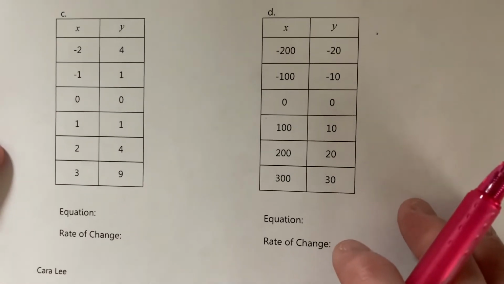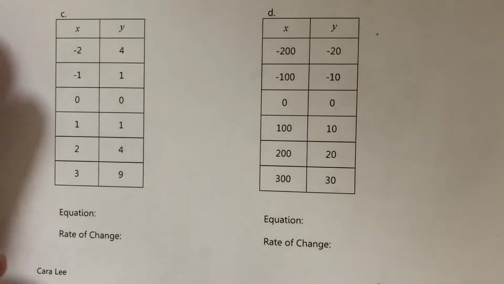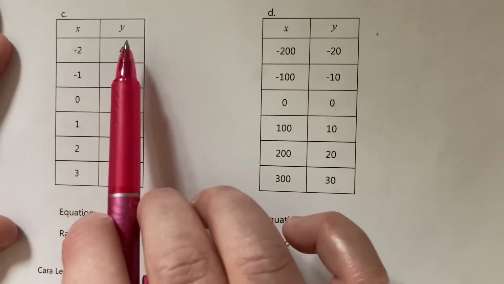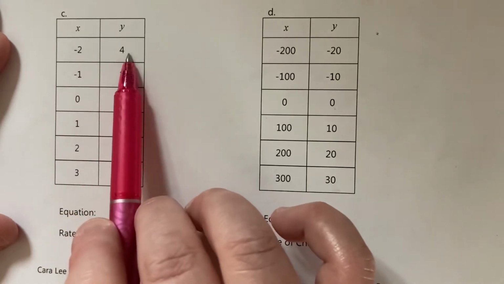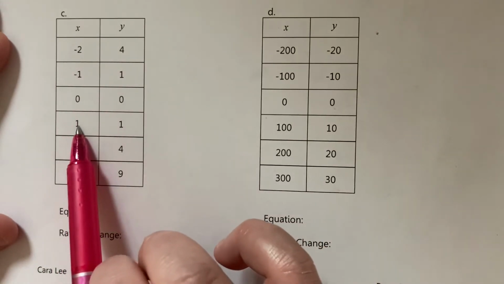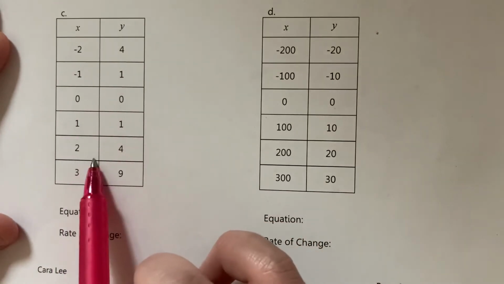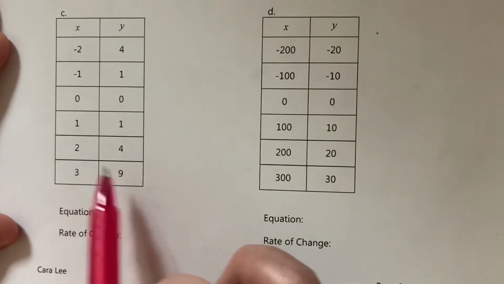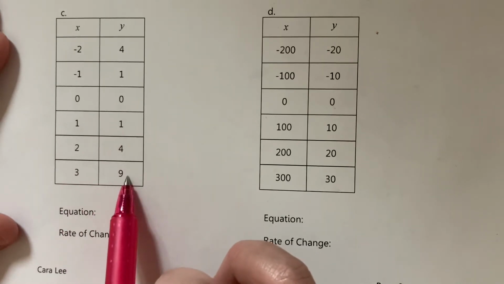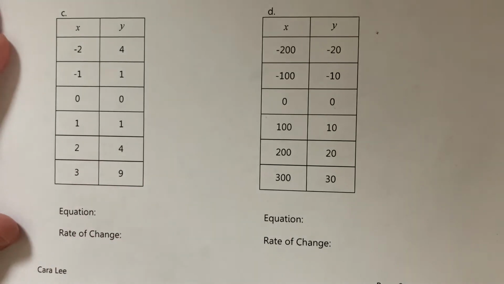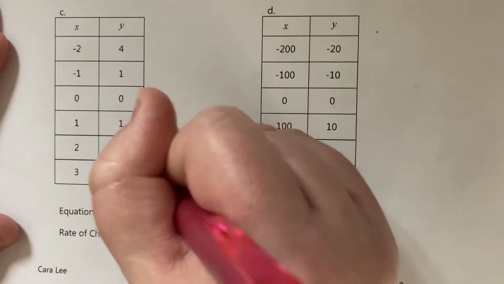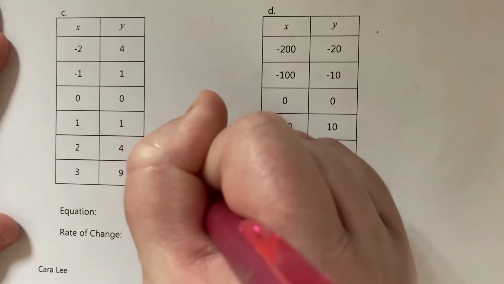All right, let's try the next one. So we look, -2, how do you get it to 4? Ooh, and this one's different because it went negative to positive. And this one's positive to positive. Maybe 3 and 9 is a good clue. Because the problem is you just sort of have to see it. I know that 3 squared is 9.